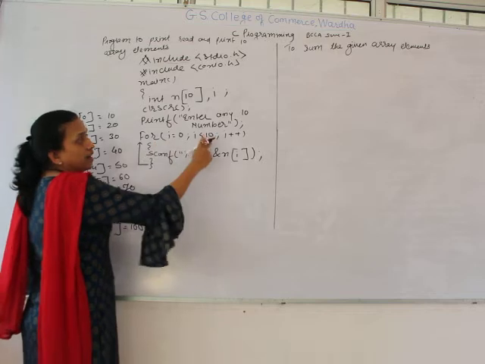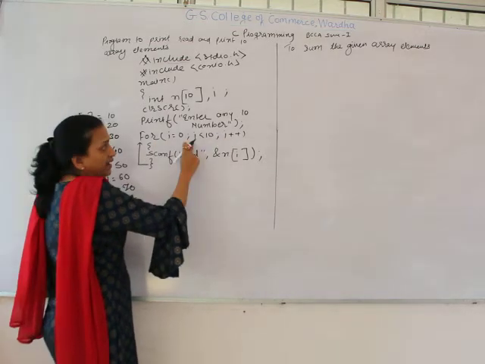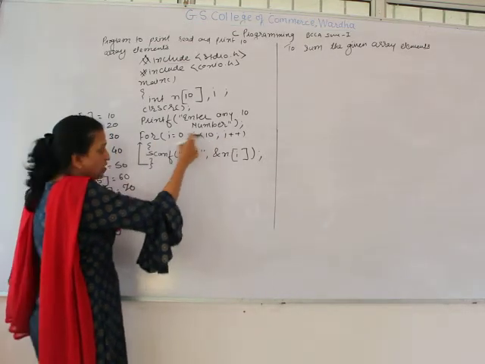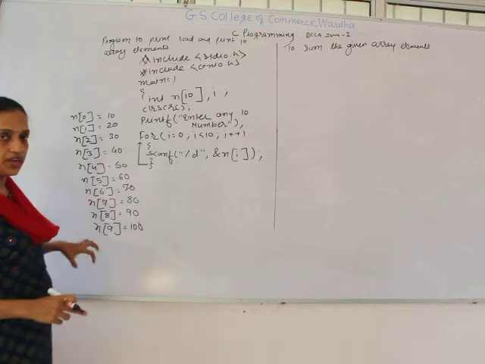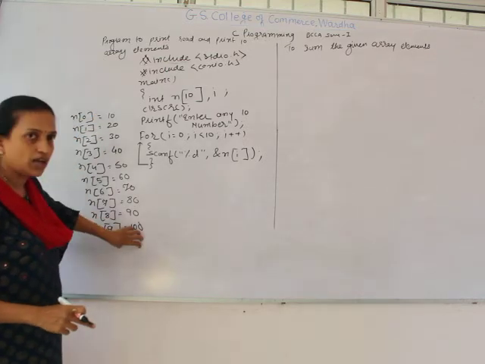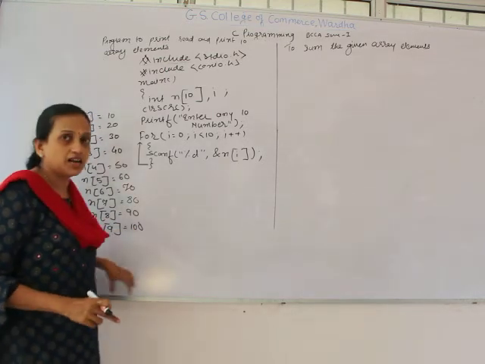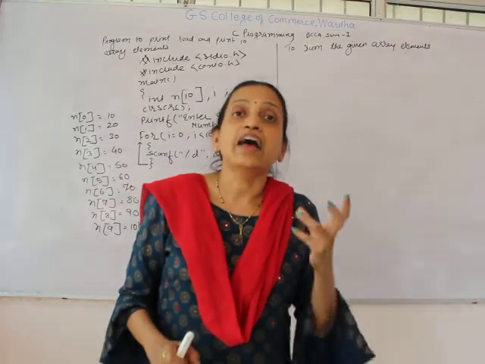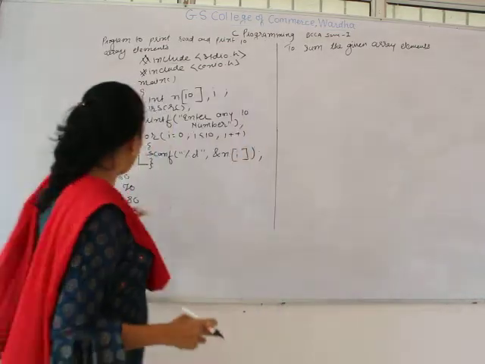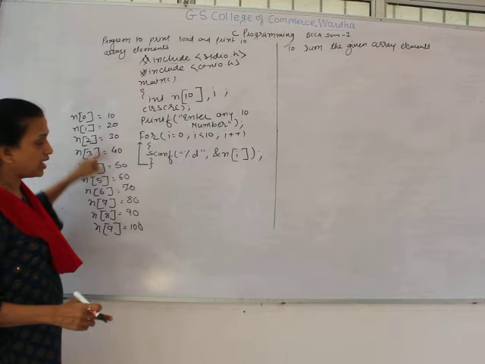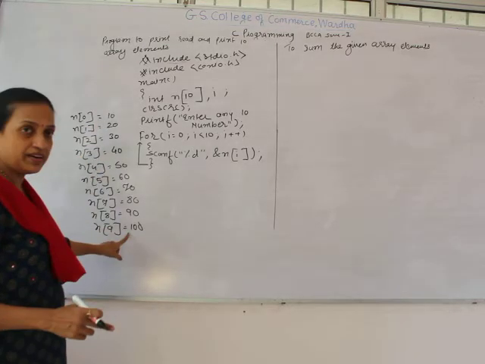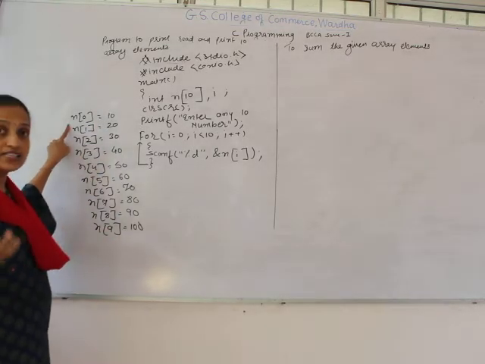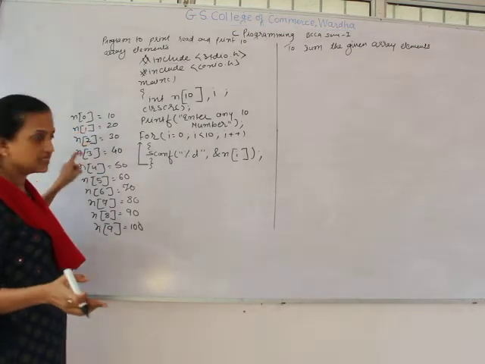Now again after 9 plus 1, 10. 10 is less than 10? No, the condition is false. In this way you assign the 10 values to the array variable and every value is referred to by an index number. The name of every element is n, but how does it differ? It differs by the index number.